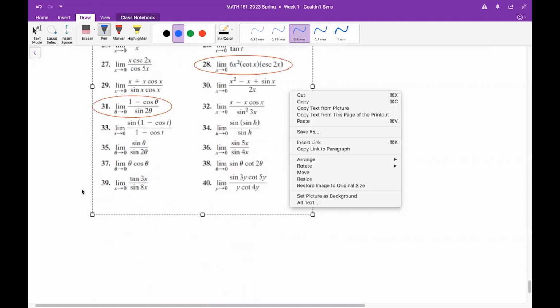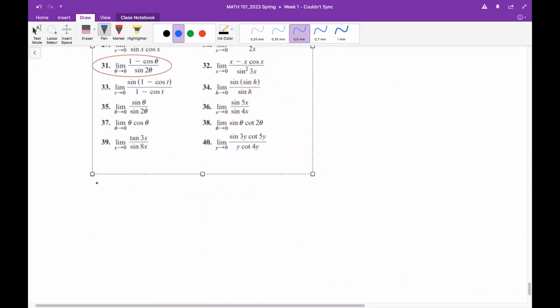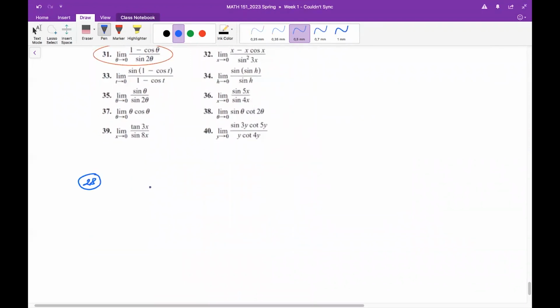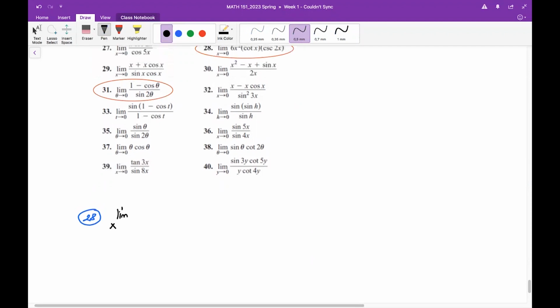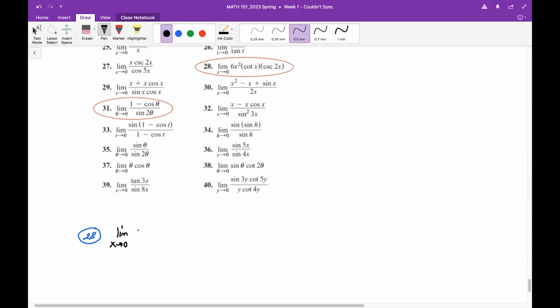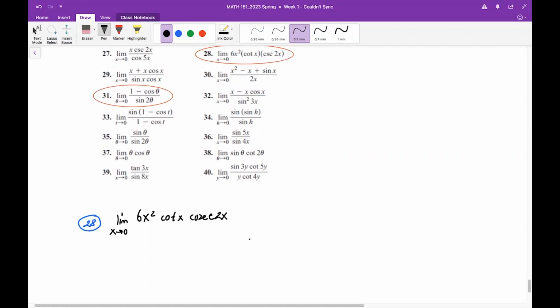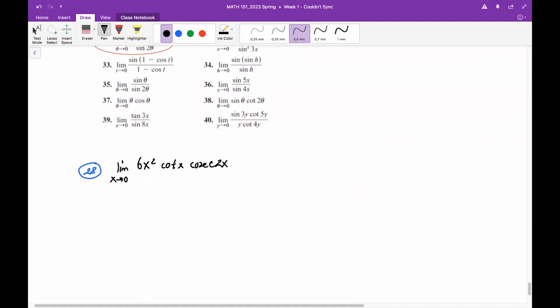Okay, how do you use it? Let me show you in 28. So I will be solving this. The question is, limit as x goes to 0, 6x squared cotangent x and cosecant 2x. Okay, first of all, we need to understand whether this is an indeterminate form or it directly gives us the result.